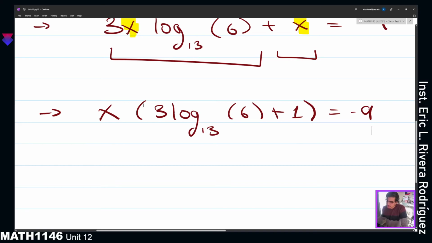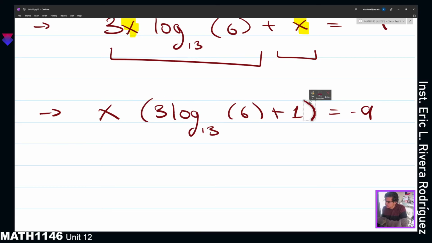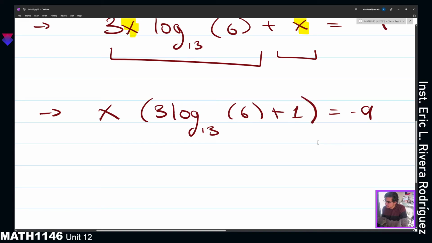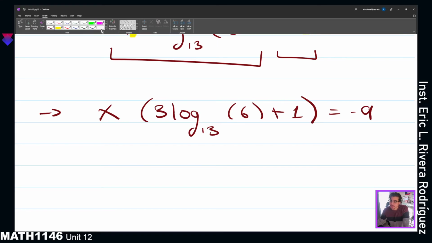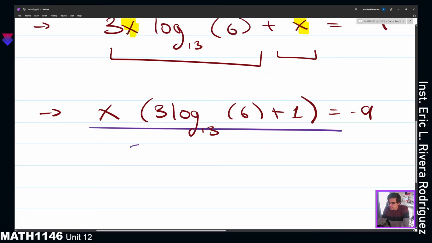You can see that this is a factor, so that means that we can divide by it.